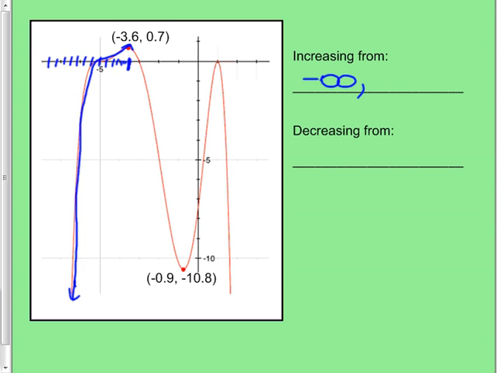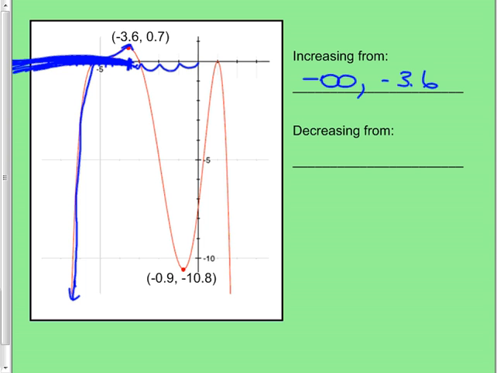So how do I say in this zone here, it was increasing from negative infinity until, the question is, should I use the negative 3.6 or should I use the 0.7? Because up until here, which is where 3.6 is, that's where it was increasing in this zone here.